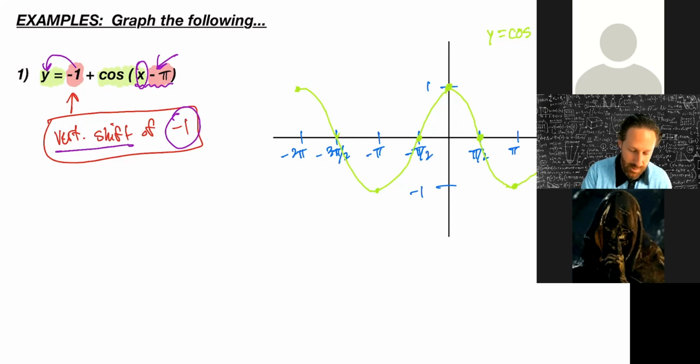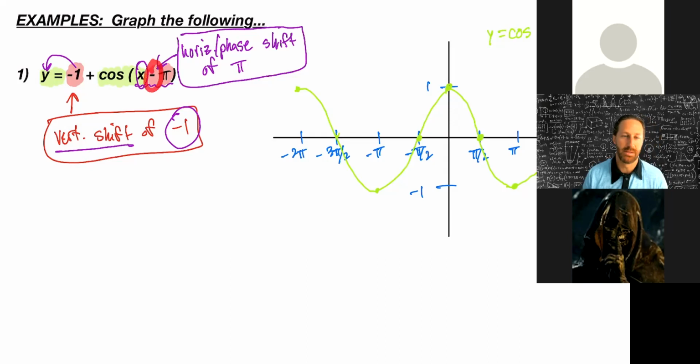But for this, it's going to be a horizontal, or what they like to call phase shift. We're not going to let it phase us. Of what? Addition. Good. Because it's the opposite for X's.